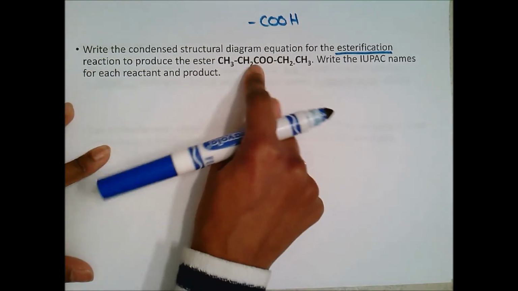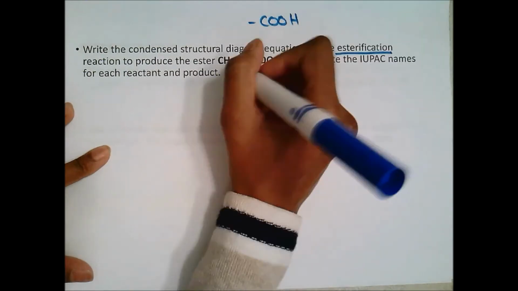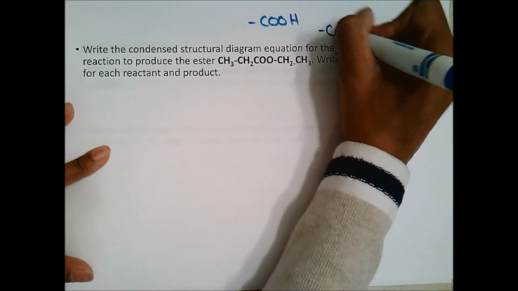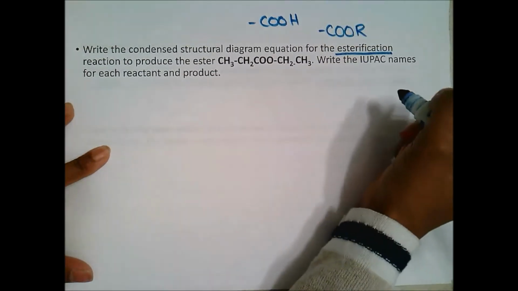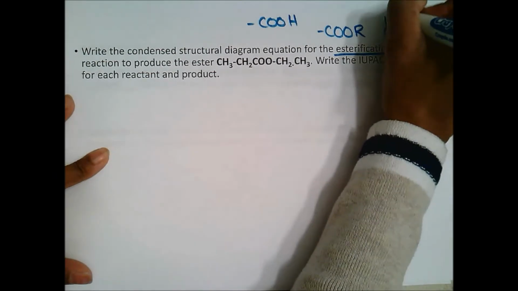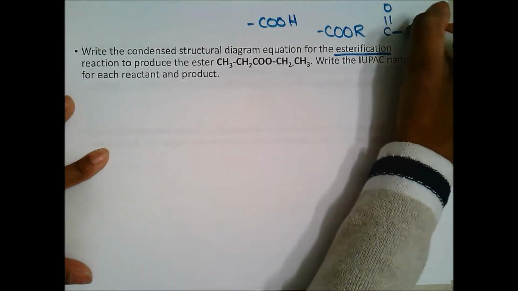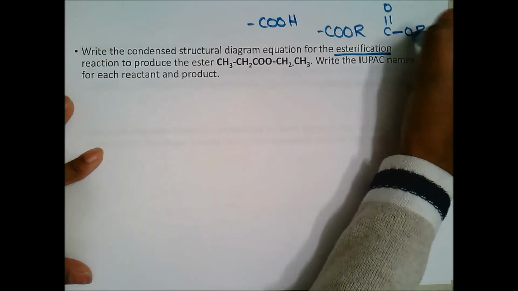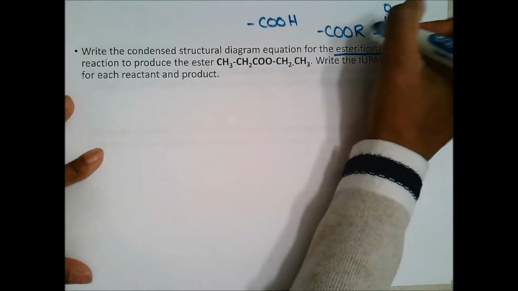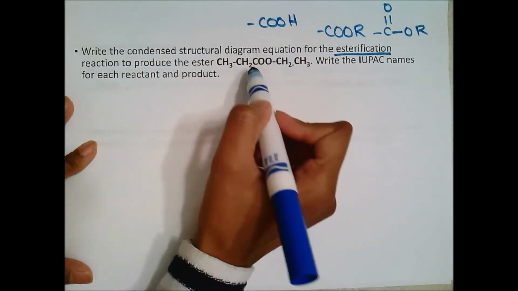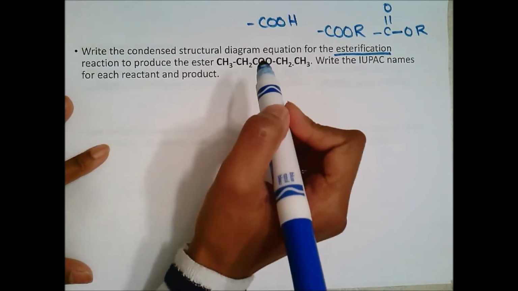So it means the same thing. COOR is usually what it'll be written as. The first oxygen is the oxygen that's double bonded there, and then the second one is the alcohol group, or the rest of that molecule there. So that's what the two forms will be. So if you notice that it's right in the middle, COO, that means it has to be an ester.